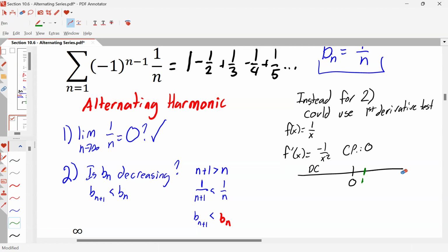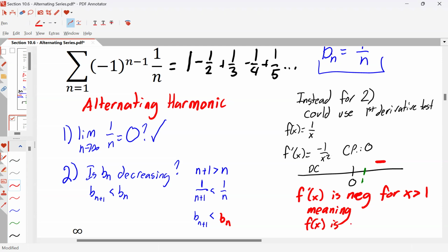But when I plug in a positive number, like 1, I still have negative 1 over something positive because of the square. And so negative 1 over something positive is still negative. So f prime of x is negative for x greater than 1, meaning f of x is decreasing for x greater than or equal to 1.